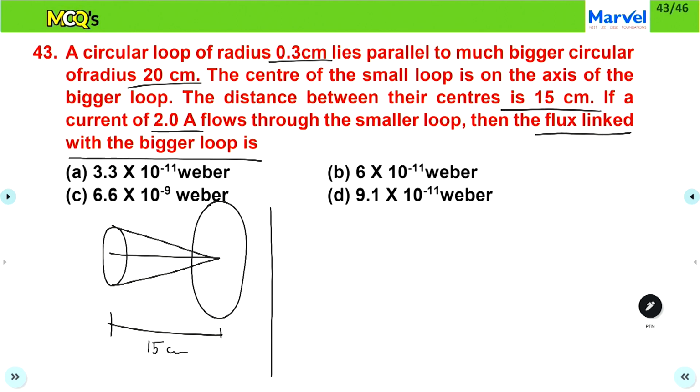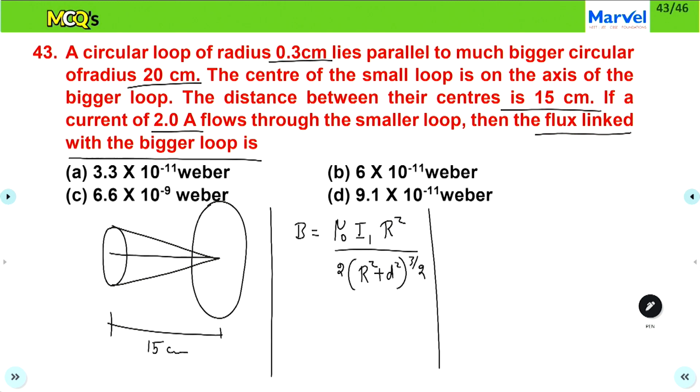There is a unique formula for that, which is mu naught I1 r square divided by 2 into r square plus d square whole power 3 by 2.